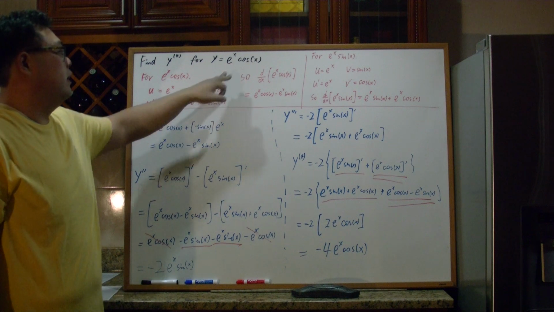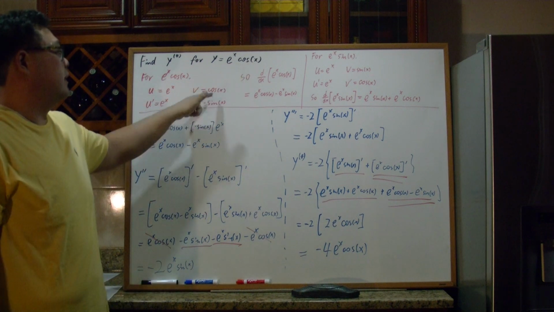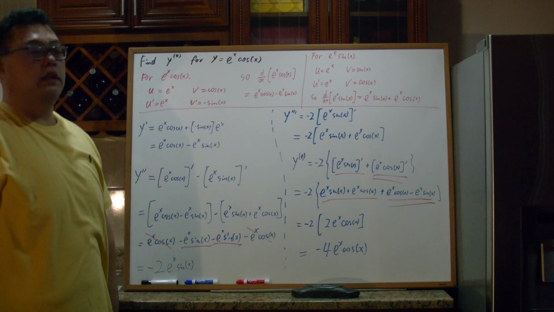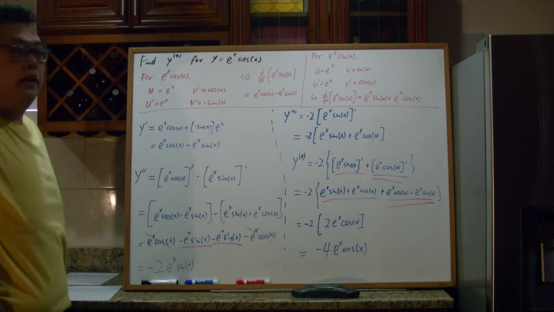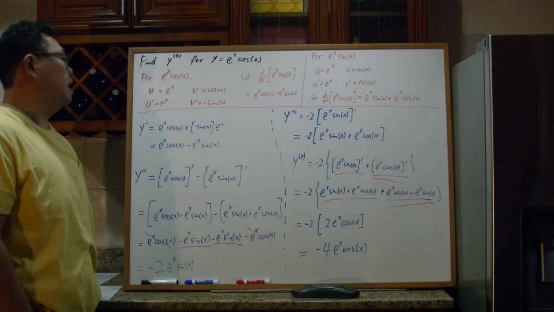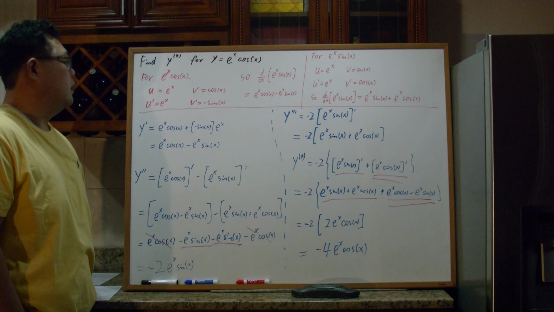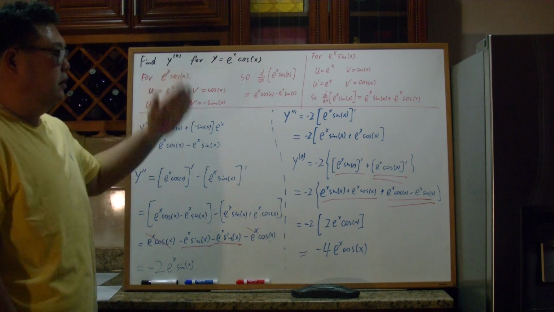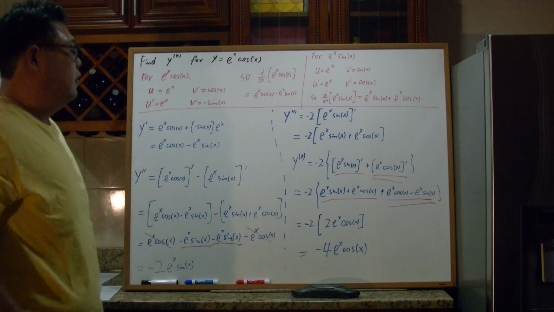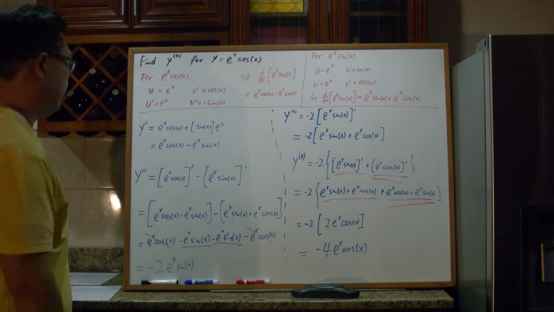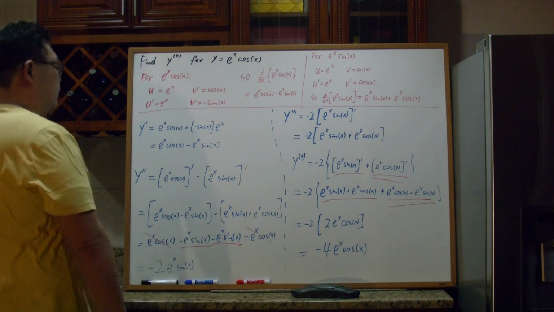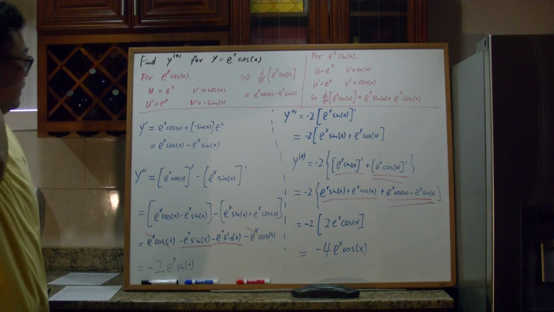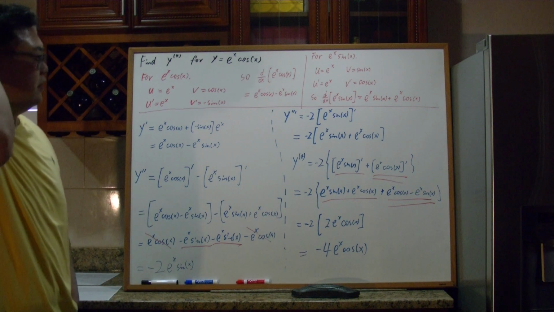Trigonometric functions, especially sine and cosine, give us a certain pattern: cosine and sine just go back and forth. Look at that. That is the property to use, and basically that is how we find the higher order derivatives.